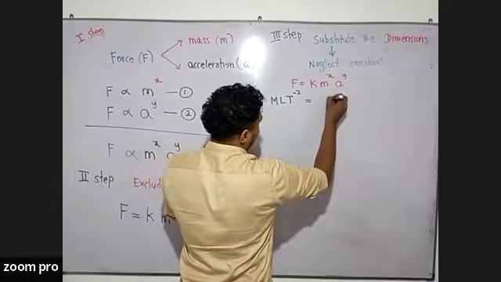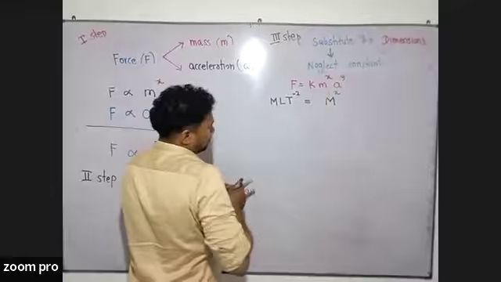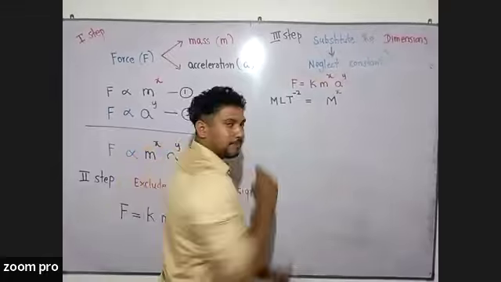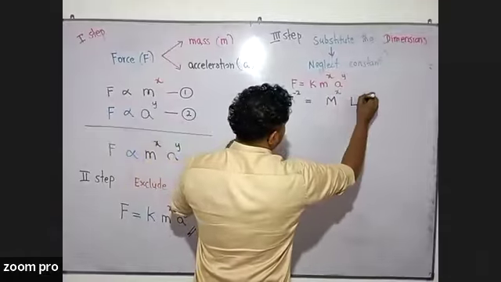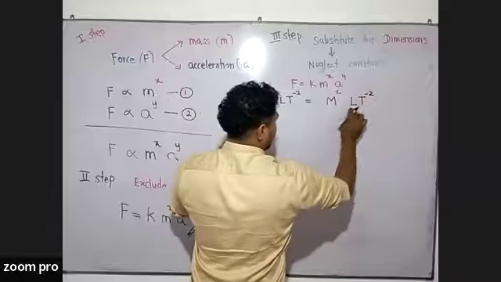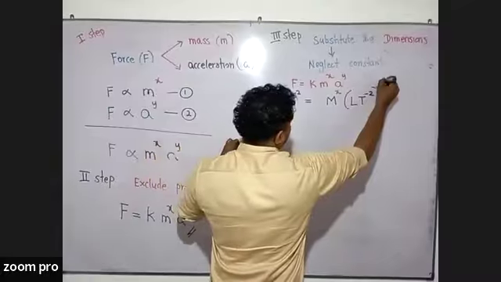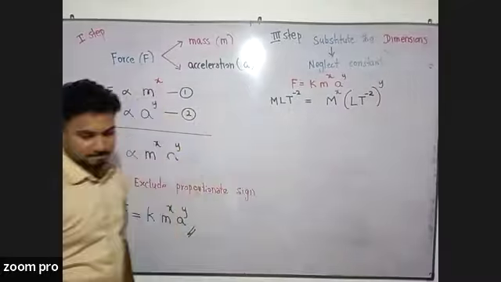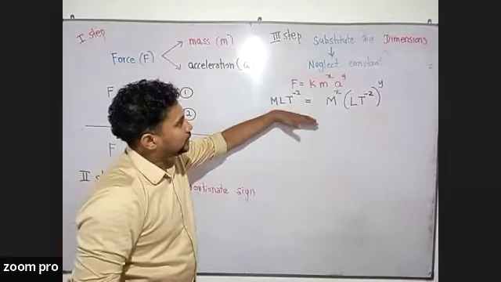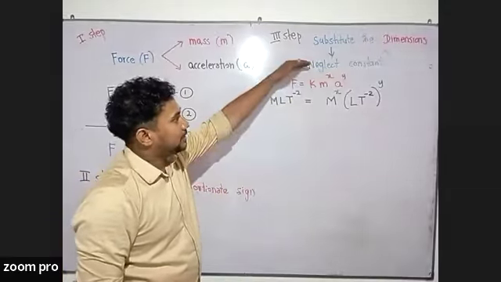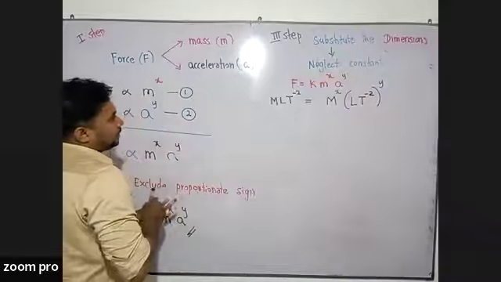It is obviously capital M, and just put this power also. A means acceleration, so acceleration can be substituted as L T to the power of minus 2, but don't forget to put this power Y, right? Here we substitute the dimensions by neglecting the constant. I think it is clear up to now.